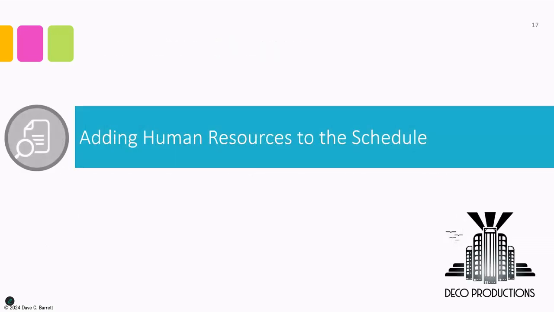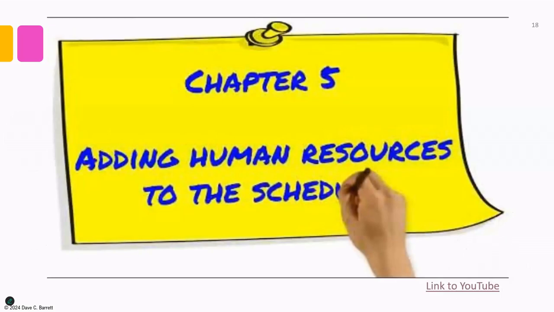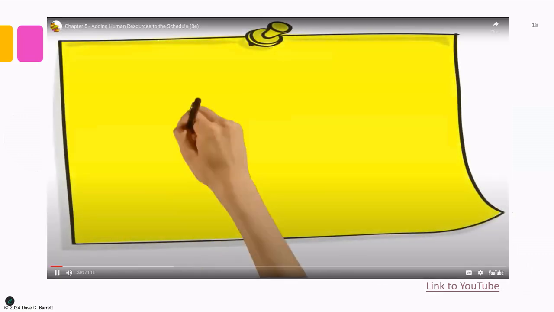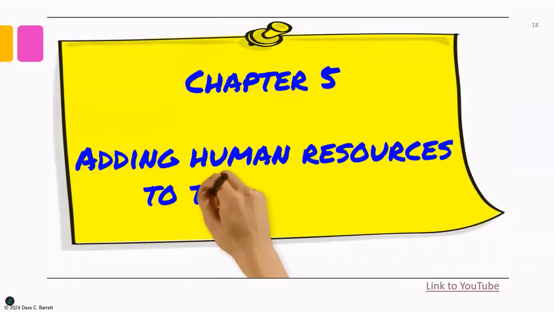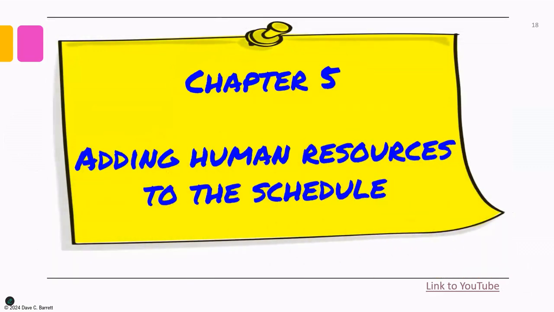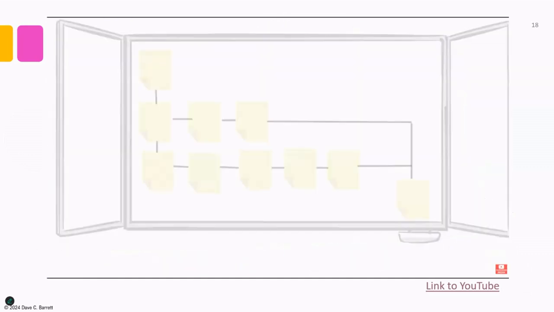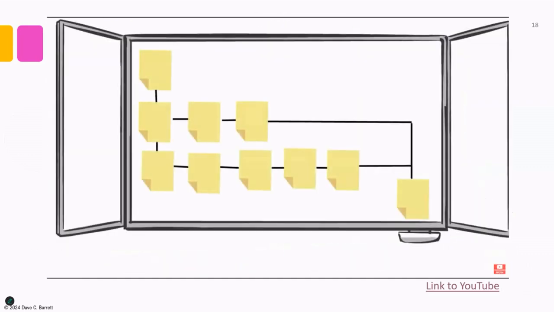Okay, our next step is to now add people or human resources to the schedule. And we'll see this next step being performed. Sophie steps back from the whiteboard to review the network diagram.